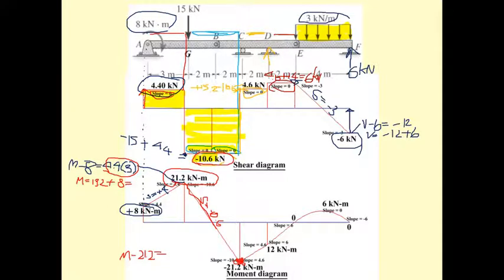So M is equal to 21.2 minus 10.6 times 4. 10.6 times 4 is 42.4, and then you have minus 31.2.